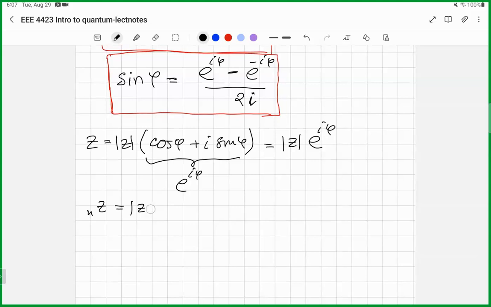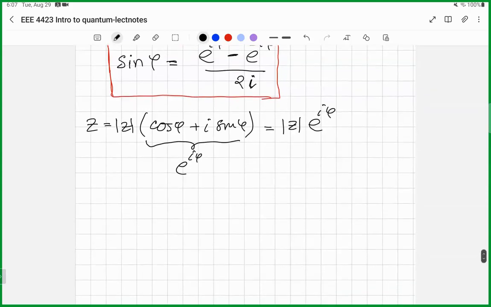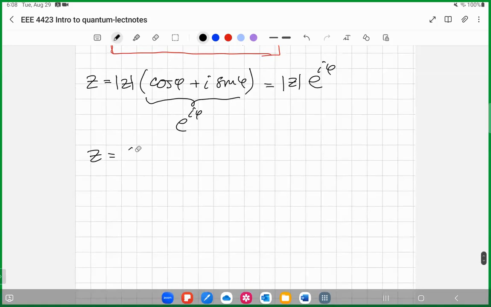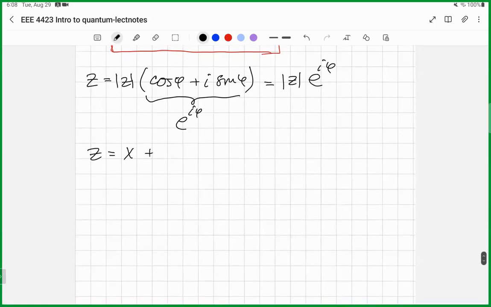Let me actually summarize the three ways we can write a complex number. First of all, any complex number can be written as a sum of a real and an imaginary part. It was x plus i y. So this is the real and imaginary representation of a complex number, the xy representation.